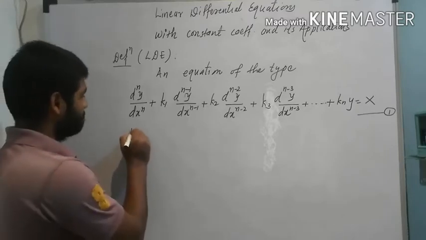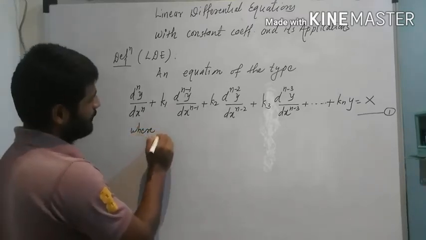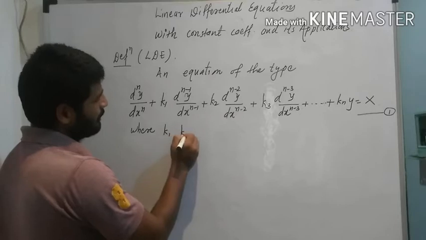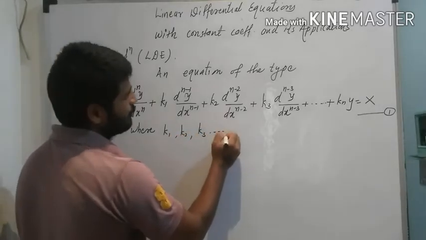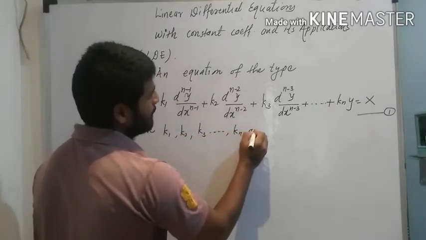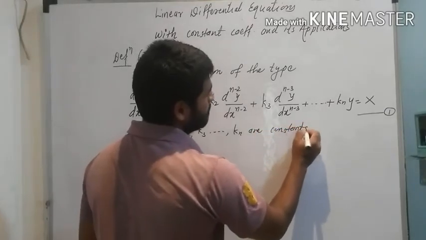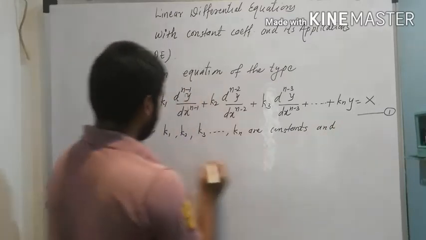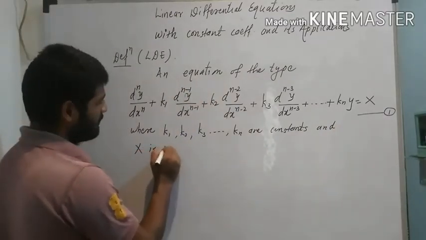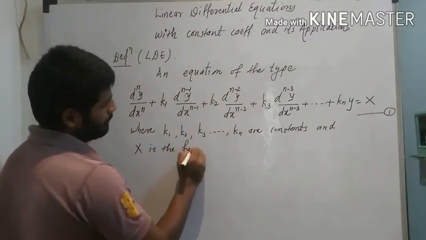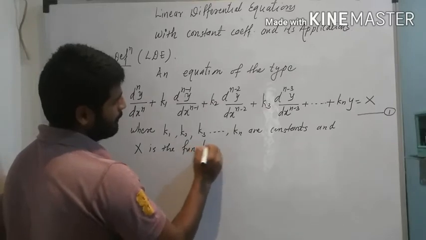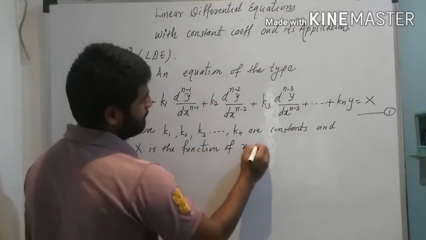Where k1, k2, k3 and so on up to kn are constants and capital X is a function of small x only.